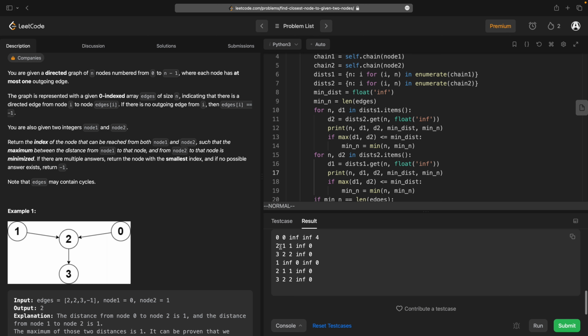So 0 has distance 0 to itself, but you cannot reach it from node 1. So that, oh geez. I need to have infinities not be equal to one another.